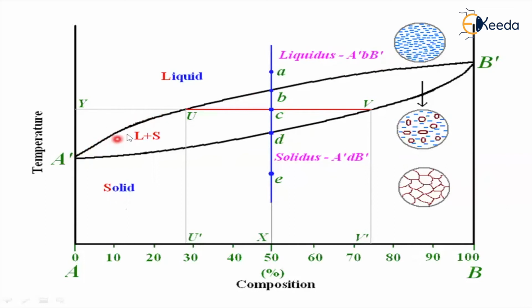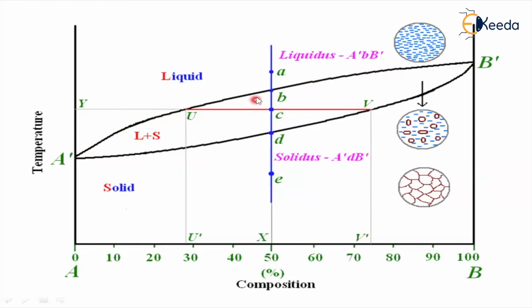This upper curve is represented as the liquidus line, from A dash to B dash. So the upper curve of the graph is the liquidus line.